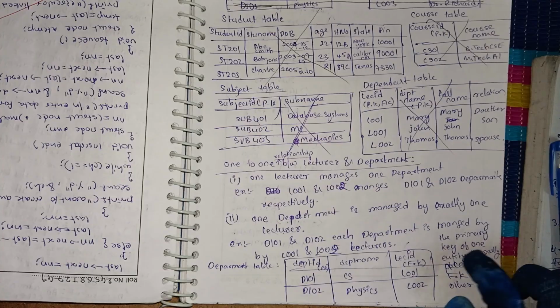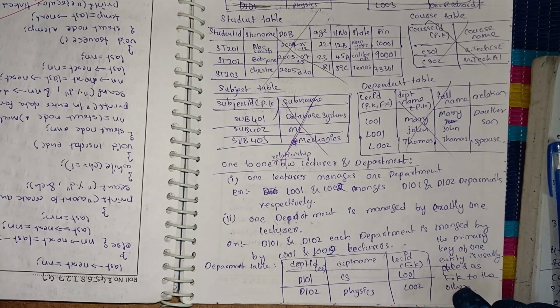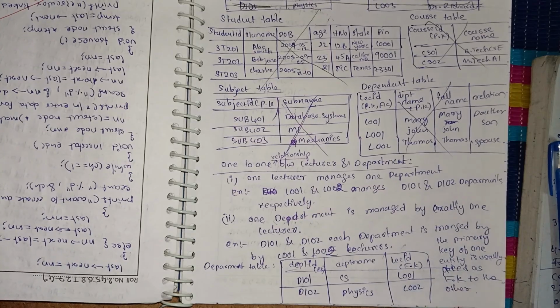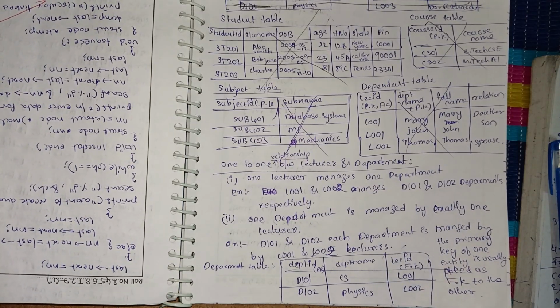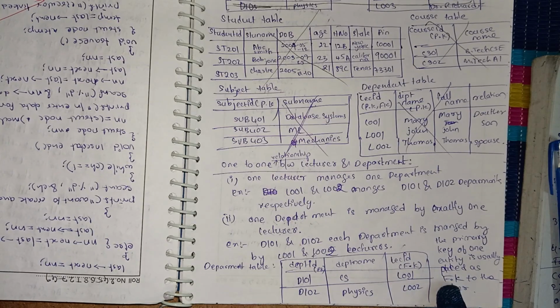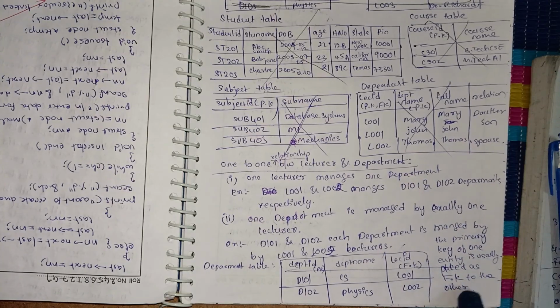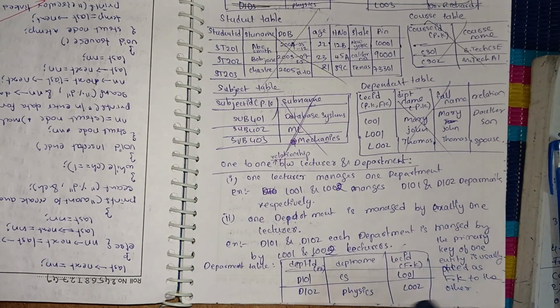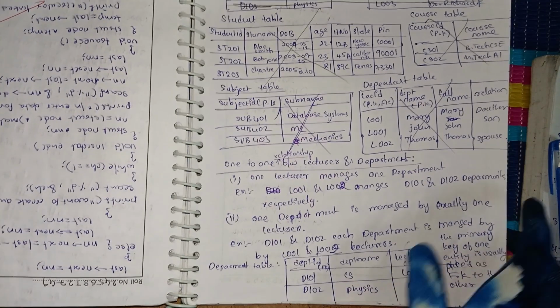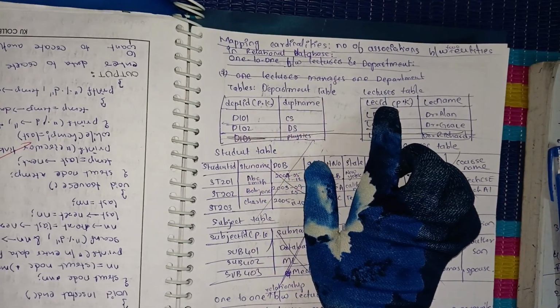Then the primary key of one entity is usually placed as a foreign key in the other. This is the rule for creating an output table for a one-to-one relationship. So we have the department table and the lecturer table.